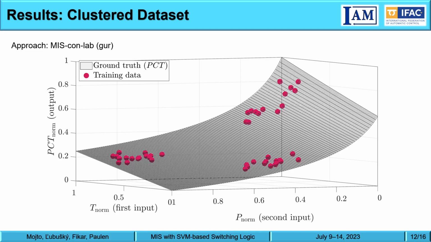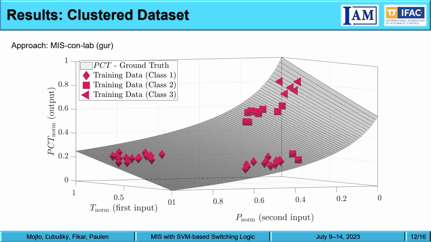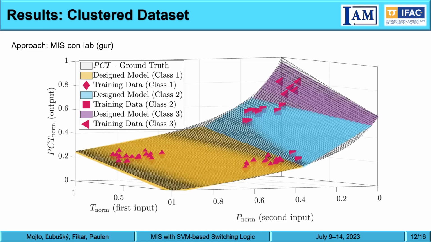So this approach simultaneously classified the data into the following three classes and designed the models of the inferential sensor illustrated here. As we can see, the designed models have continuous switching, and we can also see that this approach is trying to explain mainly the nonlinear section of the pressure compensated temperature model.